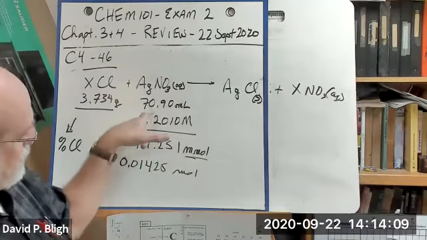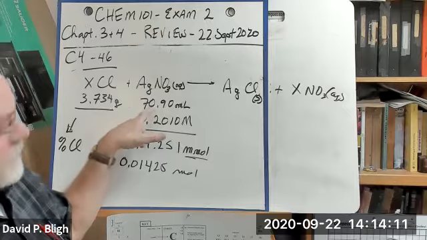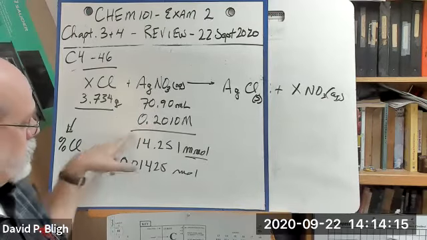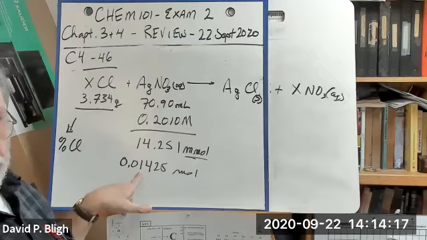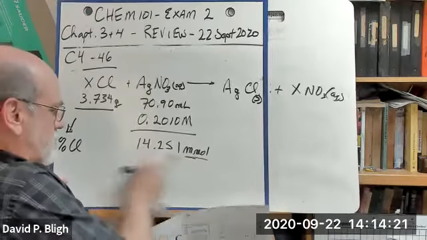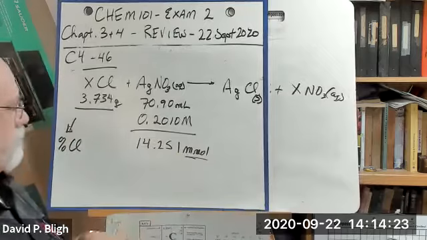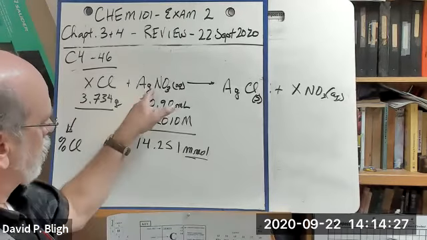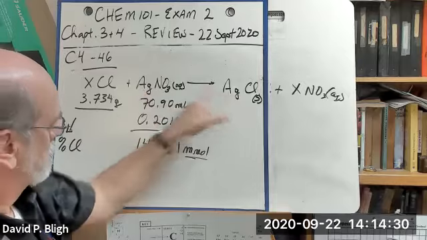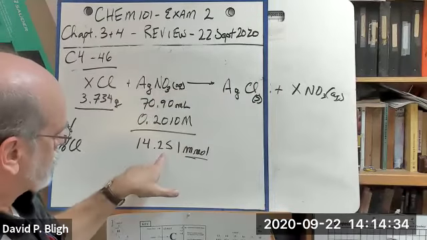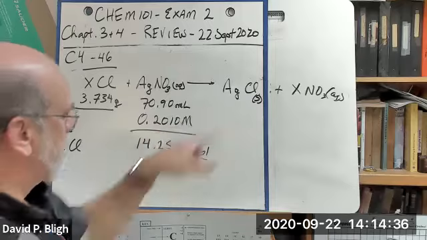So if we say this is how many liters, 0.0709 times 0.2, you get that value, right? So I'm not lying to you. Millimoles, okay? If the ratio is 1 to 1 here, we know that ratio is true. So we should have this many millimoles of that solid.